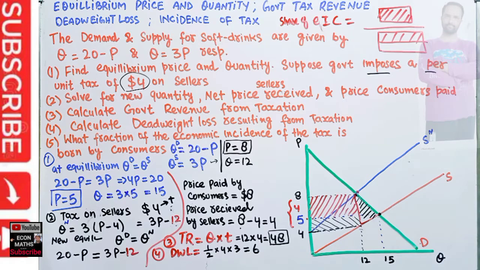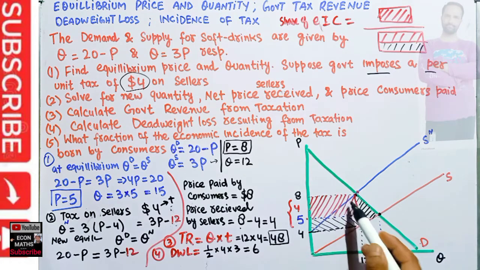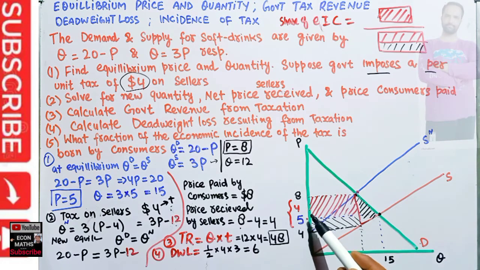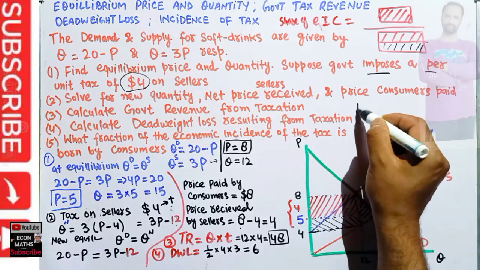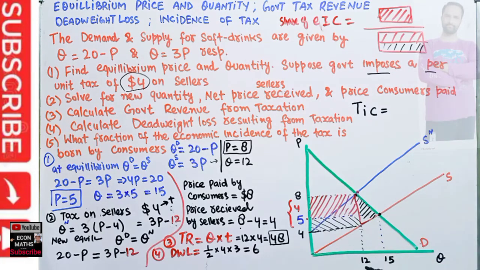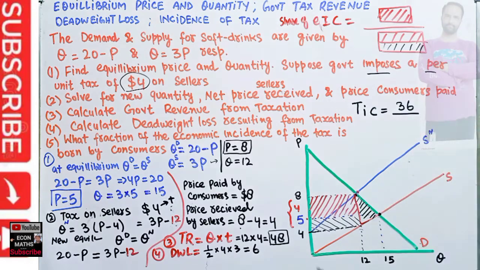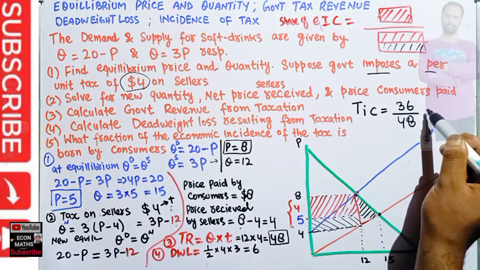I hope I am making myself clear here. The area of this red rectangle will be equal to its length, 12, times its height, which is 8 minus 5, that is 3. So the tax incidence on consumers will be 3 into 12, 12 3s are 36, divided by the area of this whole region, which is 48, which is actually the government tax revenue.